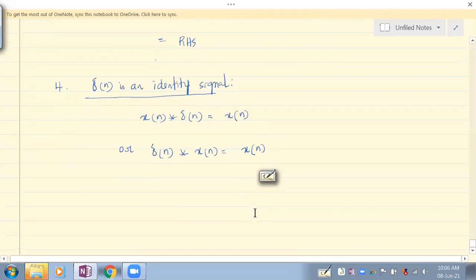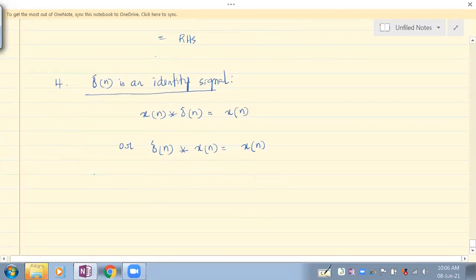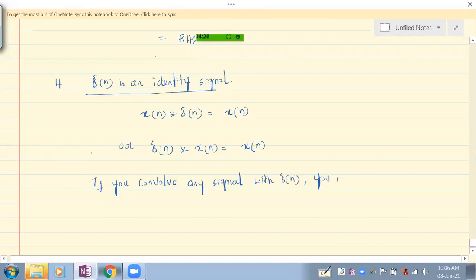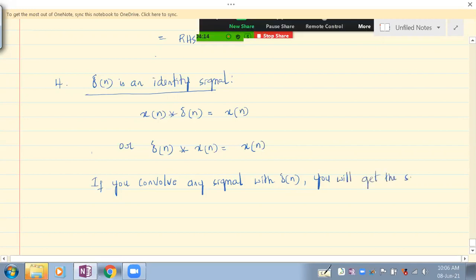So the statement is, if you convolve any signal with delta of n, you will get the same signal back.